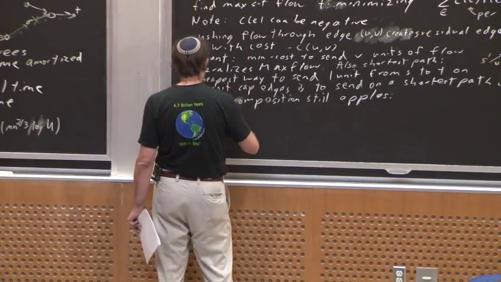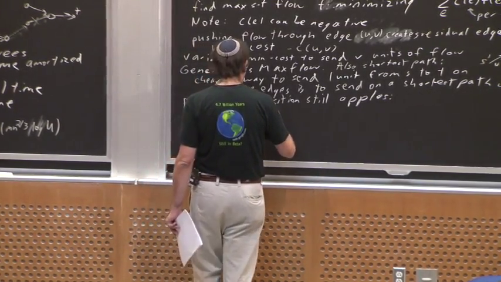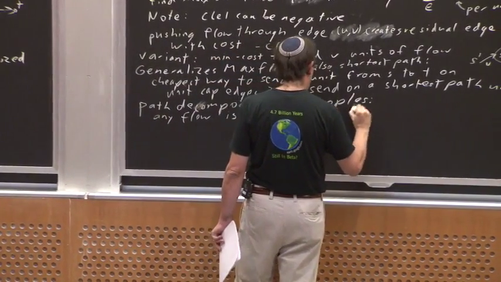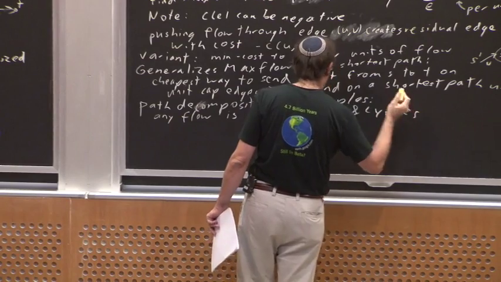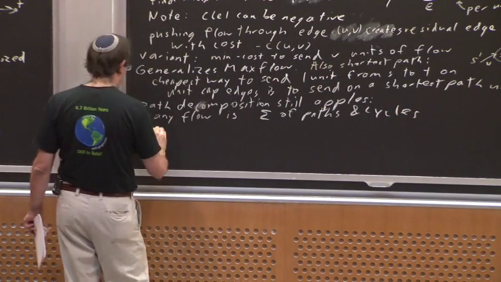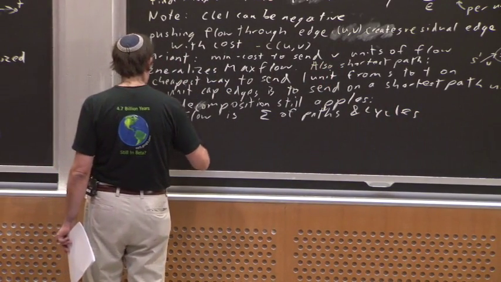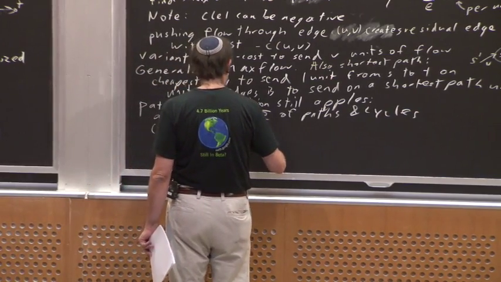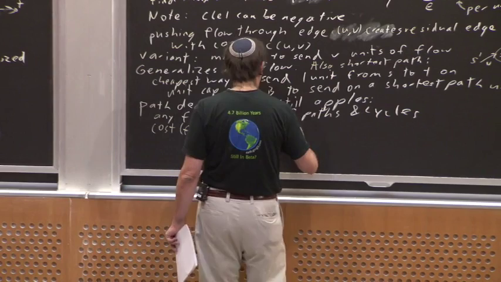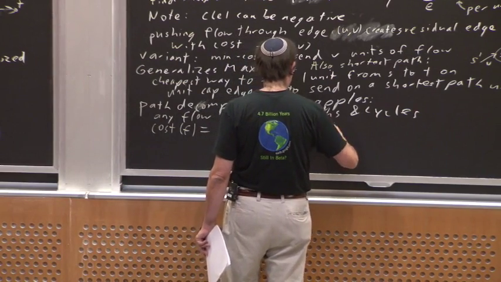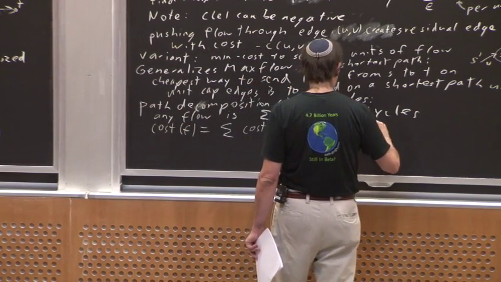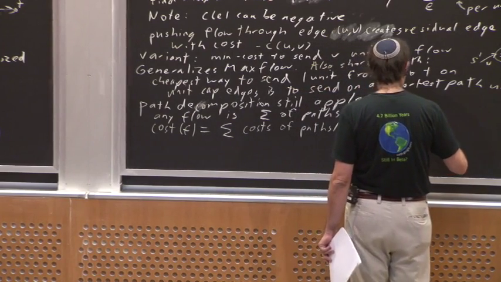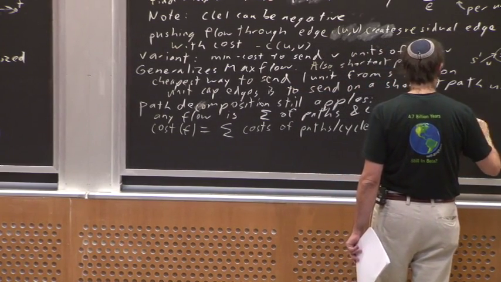So any flow is a sum of paths and cycles. And it's worth stating that the cost of the flow is equal to the sum of the costs of the paths or cycles times the capacity of the paths and cycles.